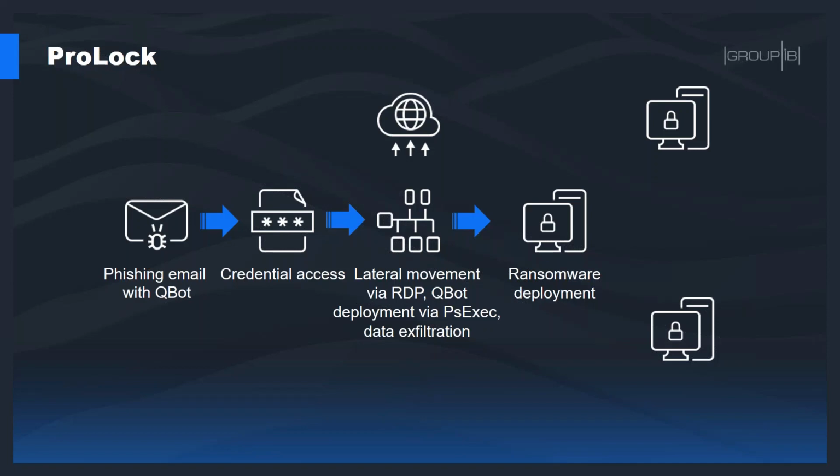To move laterally, again, RDP is used. They also have some scripts to enable RDP remotely, and for some reason they heavily use PsExec. We've seen that they use PsExec to enable RDP.